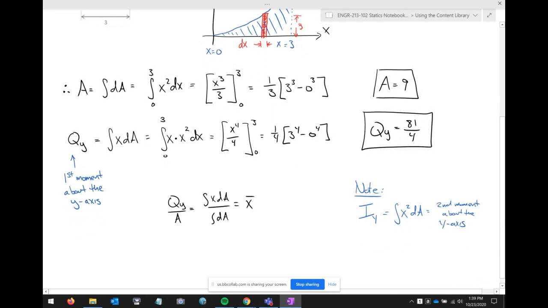That's going to be x bar. And so x bar is 81/4 over 9. And so 81/4 over 9, that's going to be 9/4. X bar is 2.25.